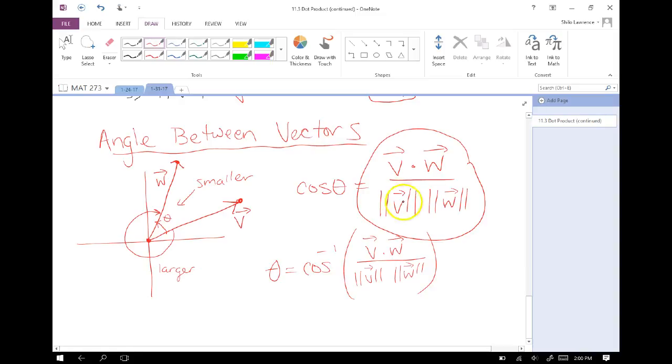If the v dot w over the magnitudes comes out positive, we're going to get something between 0 and 90 because cosine's positive in quadrant 1. If it comes out negative, we're going to get something in between 90 and 180 because cosine's negative in quadrant 2. So it really always has 2 angles between them, but it's always going to give us the smaller one.